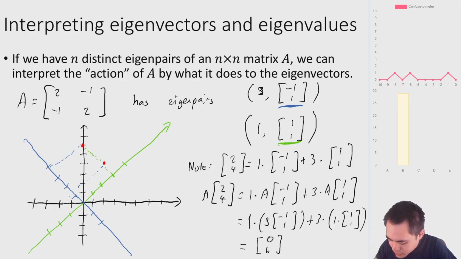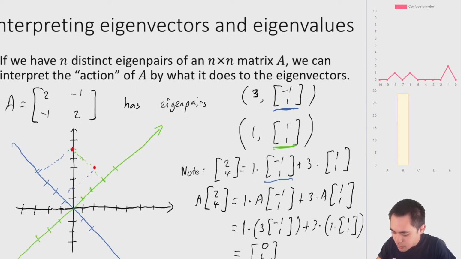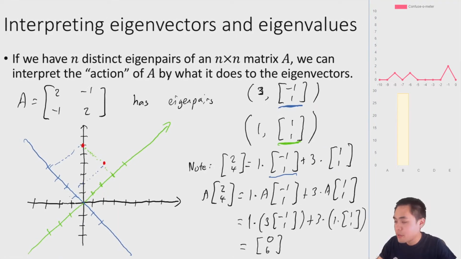Sorry, I put them in the wrong order, which makes this a little bit confusing. So we have both the blue and the green axis, and along the green axis we're 3 steps, and along the blue axis we're 1 step up.